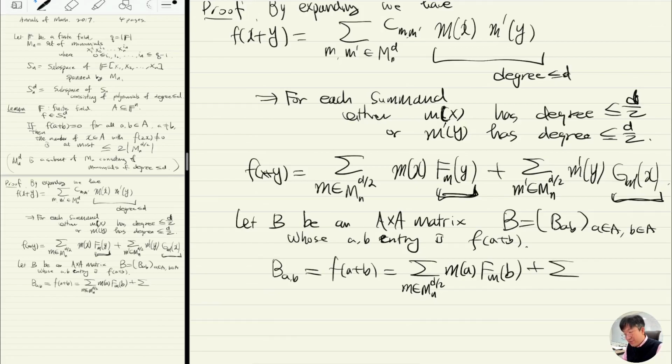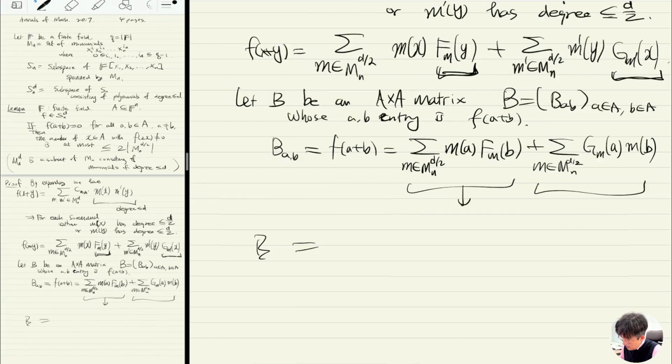Let's change m prime to m. So m is in M_{d/2}, and I still have the same thing: g_m(a) and m(b).